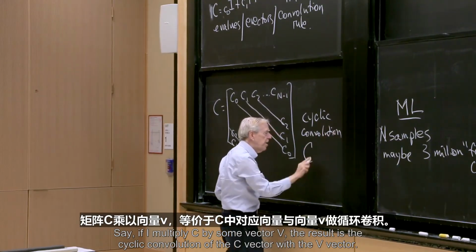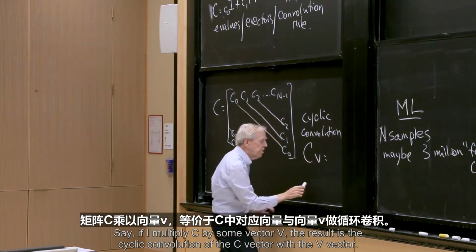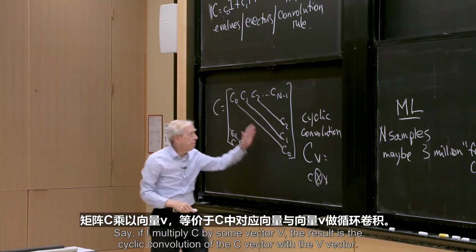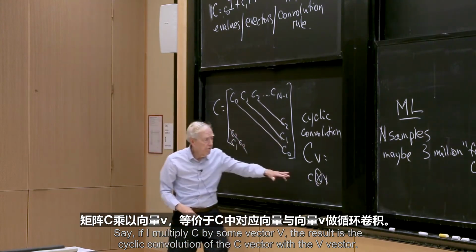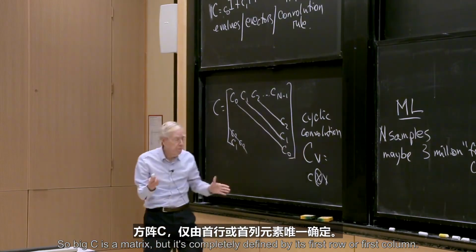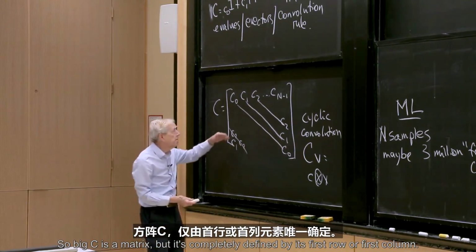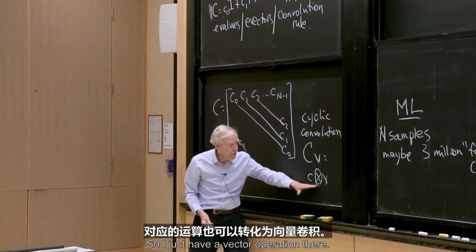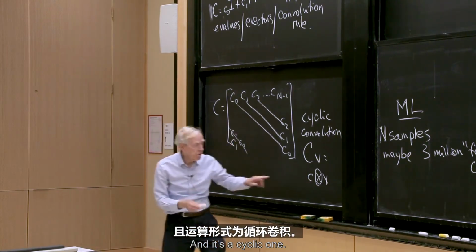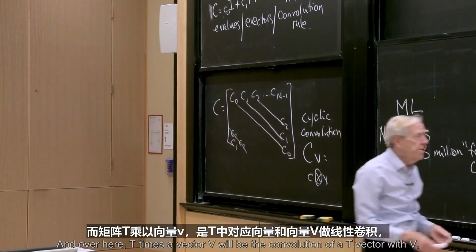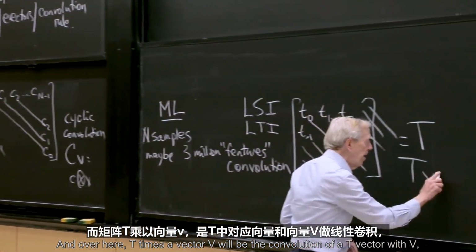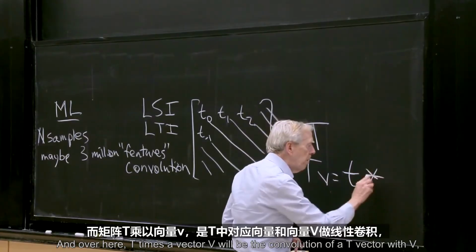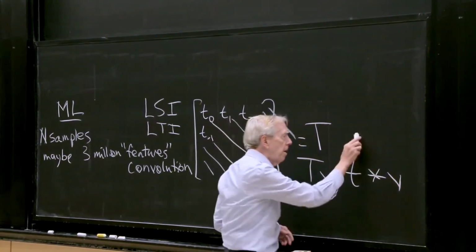Say if I multiply C by some vector V, the result is the cyclic convolution of the C vector with the V vector. So big C is a matrix, but it's completely defined by its first row or first column. So it's really just a vector operation there. And it's a cyclic one. And over here, T times a vector V will be the convolution of a T vector with V, but not cyclic.